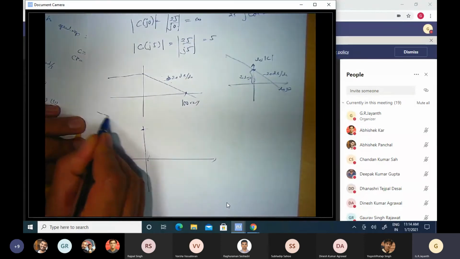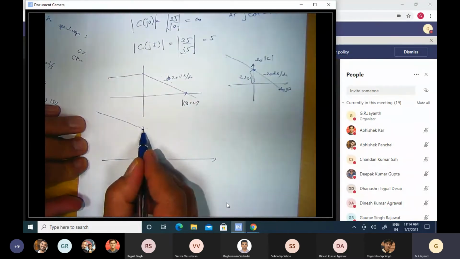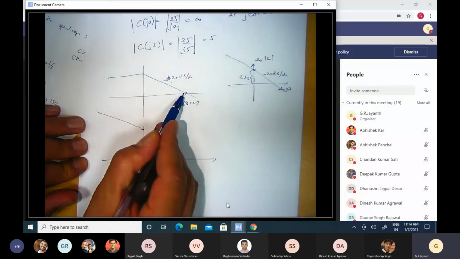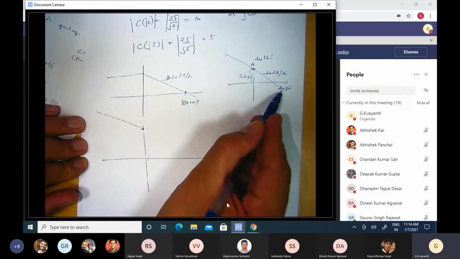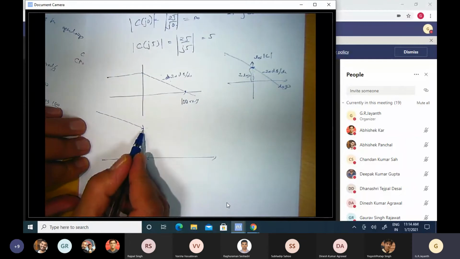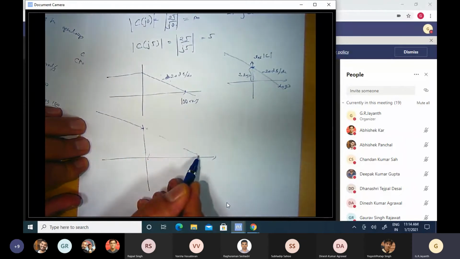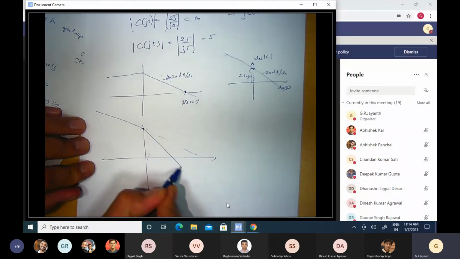Before that, there will be a drop off of minus 20 decibels per decade. After 1 radian per second, the plant is dropping off at minus 20 dB per decade. The controller is also dropping off at minus 20 dB per decade. When I add the two, I get that the overall system drops off not at minus 20 dB per decade, but at double that rate, at minus 40 decibels per decade.